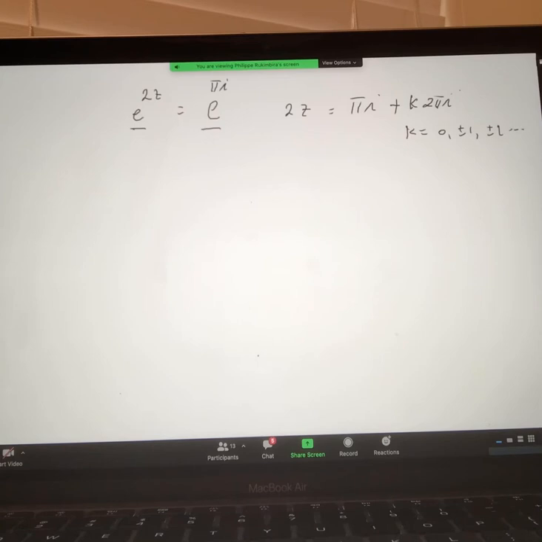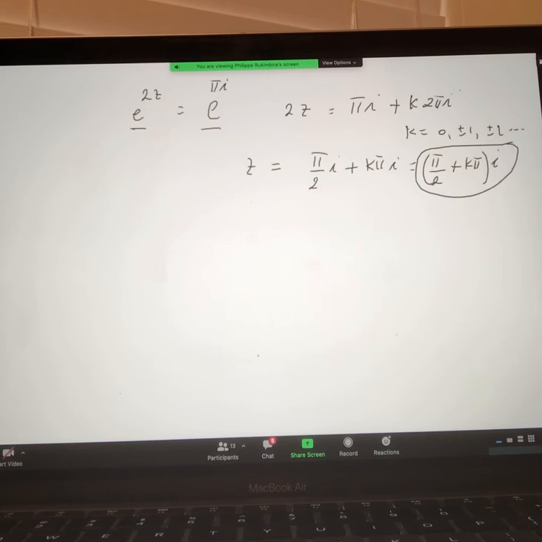So we are looking for z. The poles are pi half I plus k pi I. And that's Michael's answer.